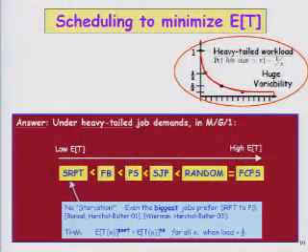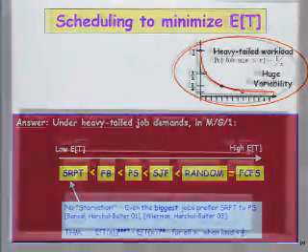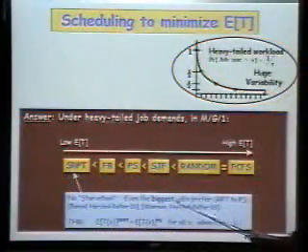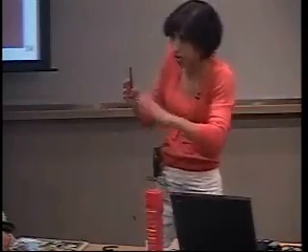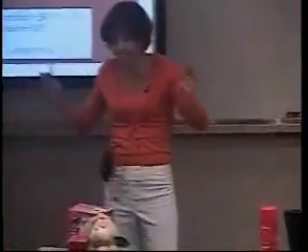So in 2001 and 2003, I had a few papers at Sigmetrics that said that this whole thing about starvation, this Kleinrock's conservation principle, you help the shorts, you hurt the longs, you help one person, you hurt the other person, is not true. Okay? Kleinrock isn't wrong, by the way. His papers were all correct. We just misinterpreted them. So we just overextended ourselves in interpreting what the paper was saying.